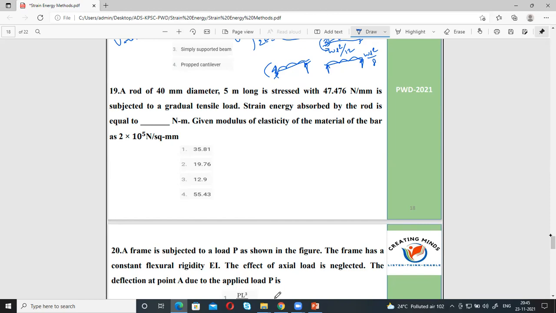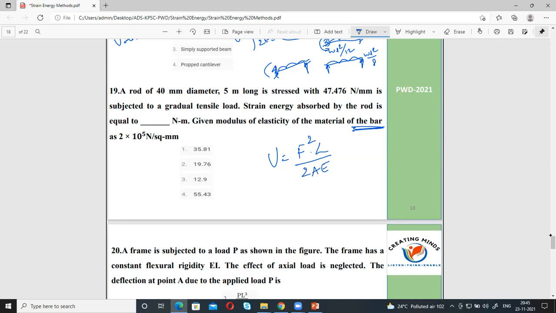Strain energy absorbed by the rod is asked, given modulus of elasticity. So which equation? Sigma equals E epsilon. Half into strain into stress. For bar, what is the equation? F square L by 2AE. Yes, try to get the answer.